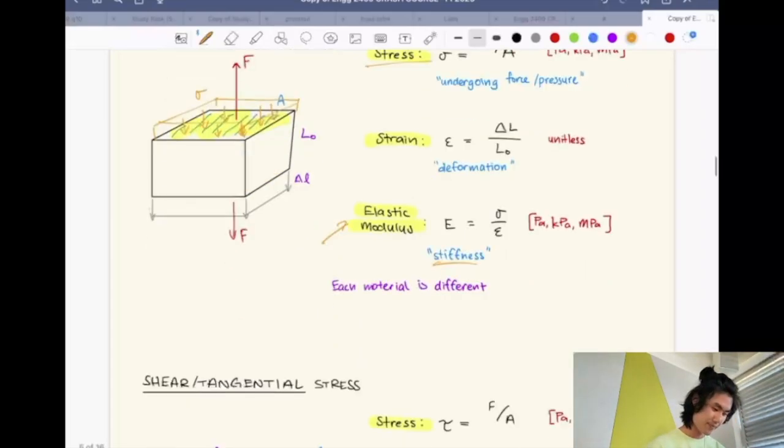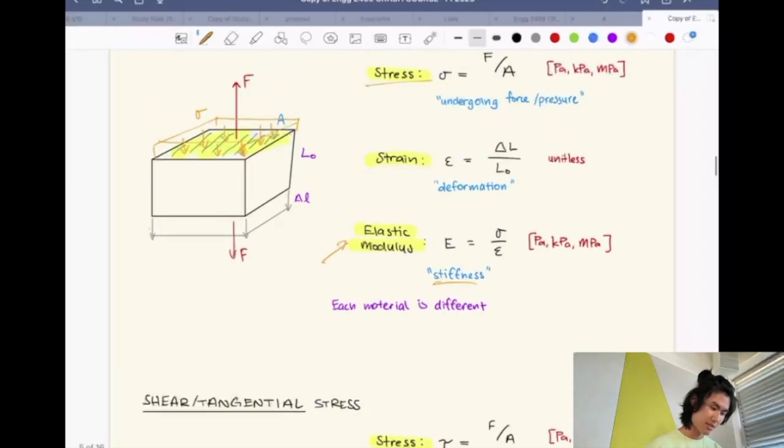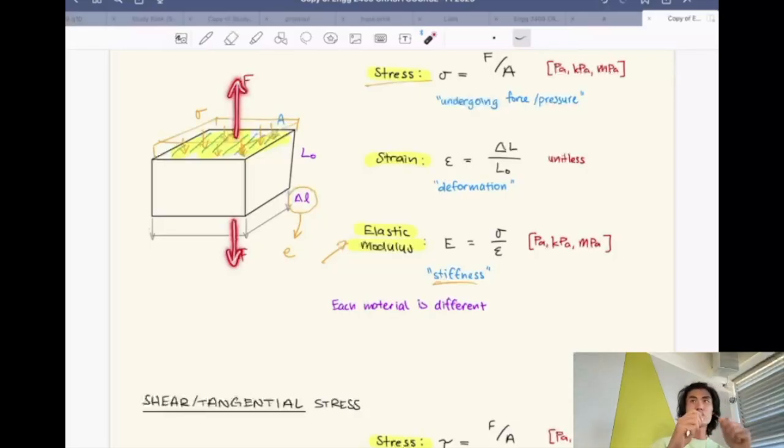And your strain is mostly visualized by the elongation. We can also call this change E, which is known as elongation. That's basically when you pull something. So when something gets pulled away, like how it is drawn in here, how much will it stretch?